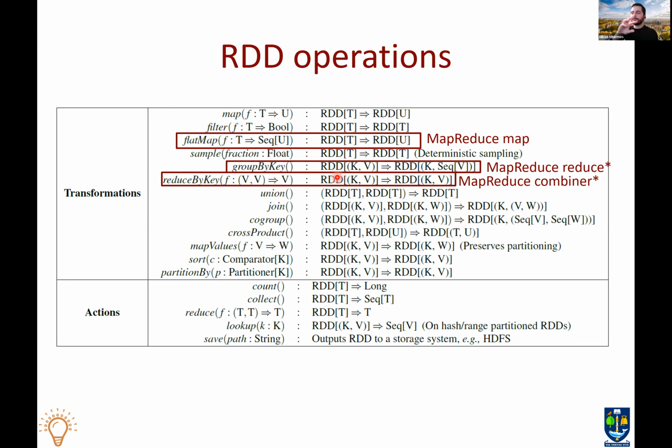The mapper did stuff, produced something in the output, and then we applied the combiner there before we pass it over to the reducer. Okay, there is no clear way to do that in Spark.